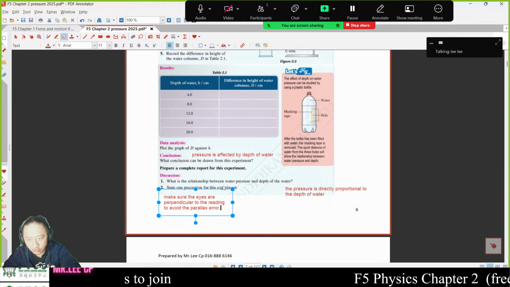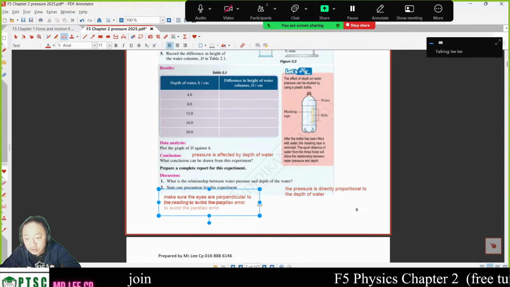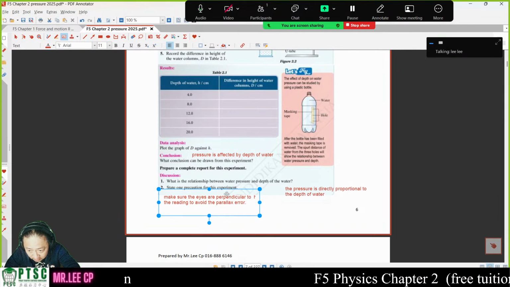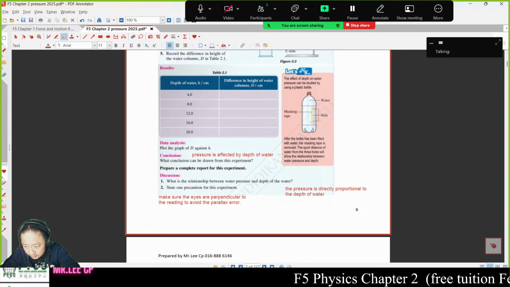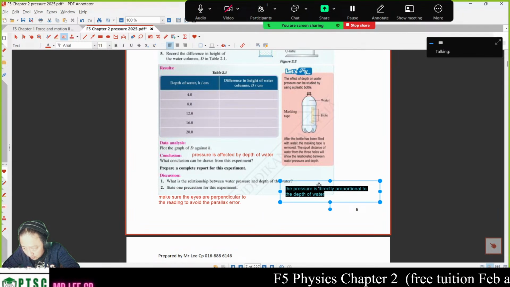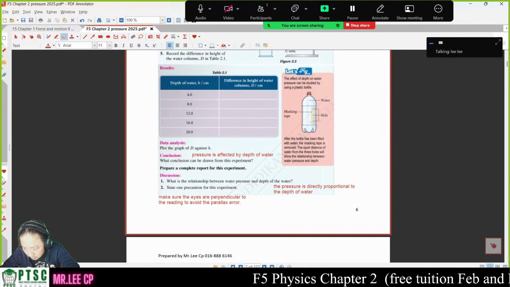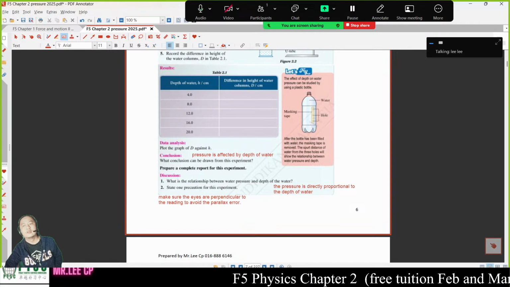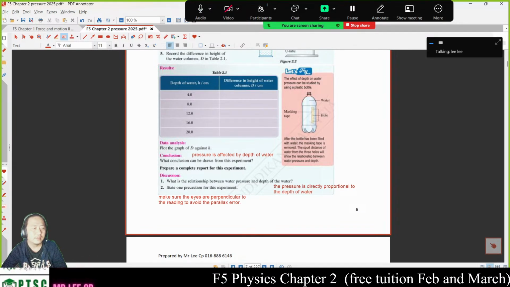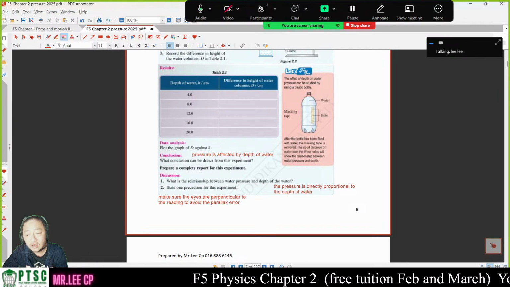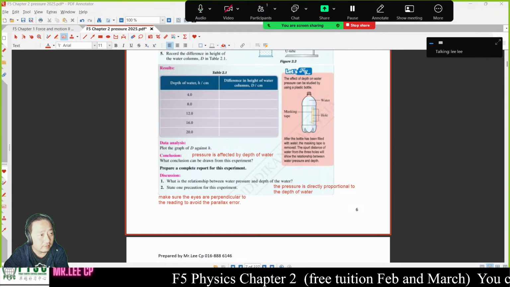You always write this. This one is always correct, because when you want to take a reading, you are going to write this. Make sure the eyes are perpendicular to the reading to avoid the parallax error.